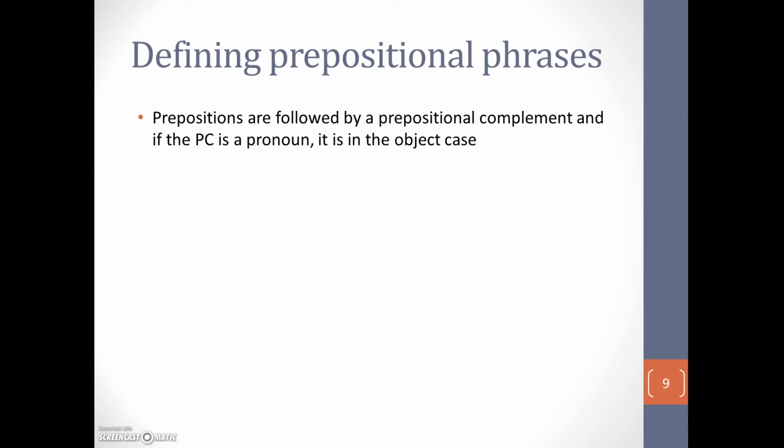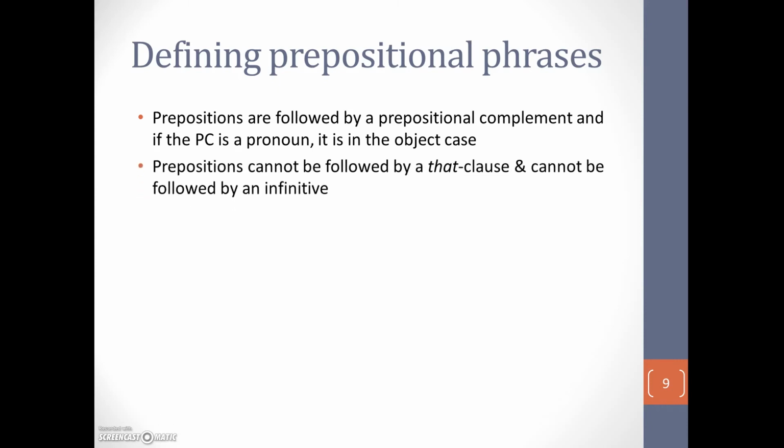Now, syntactically speaking, we know that prepositions are followed by a prepositional complement. And if the prepositional complement is a pronoun, this has to be in the object case. So it is on the table. You can say she fell on the table, but if you say she fell on him, then him is in the object case, and we can see that because it's him and not he, which is the subject case.